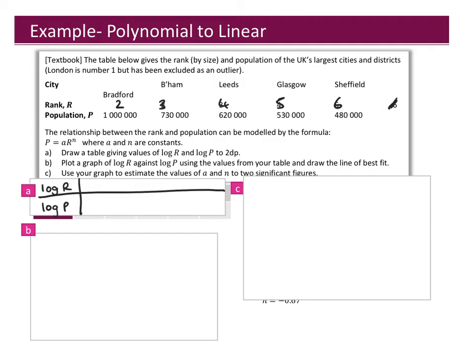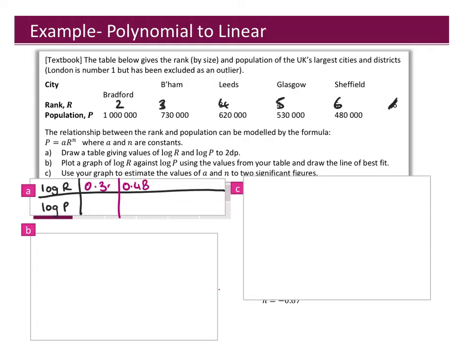Well, the first one is easy. We just do log 2 because our first r is 2. So what is log of 2? 0.3. Then the next one is log of 3, 0.48.